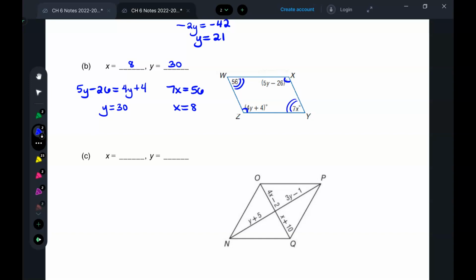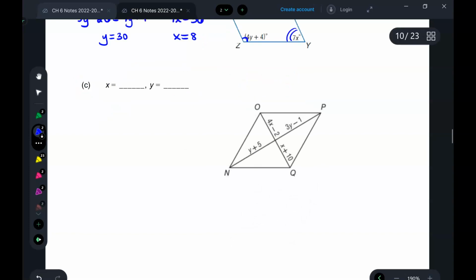The diagonals bisect each other's. Would you do 4x minus 2 equals x plus 10 and then y plus 5 equals 3y? 4x minus 2 equals x plus 10. And then we have y plus 5 is equal to 3y minus 1. So x is 4.